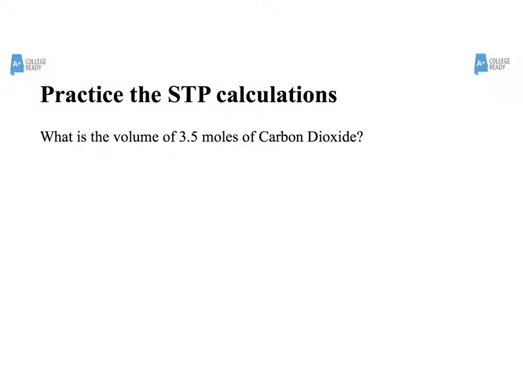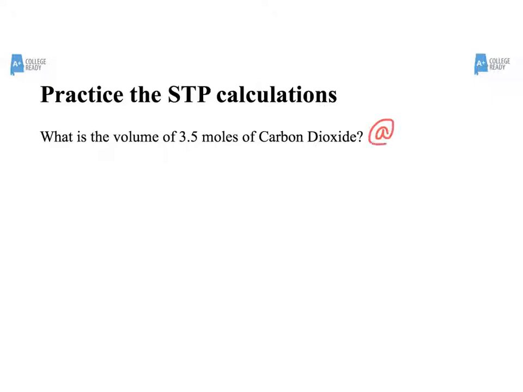So how might we use this situation? It's actually going to make your lives a whole lot faster for stoichiometry if the reaction is taking place at STP. So here's an example. What is the volume of 3.5 moles of carbon dioxide? And we're assuming that it's at STP.